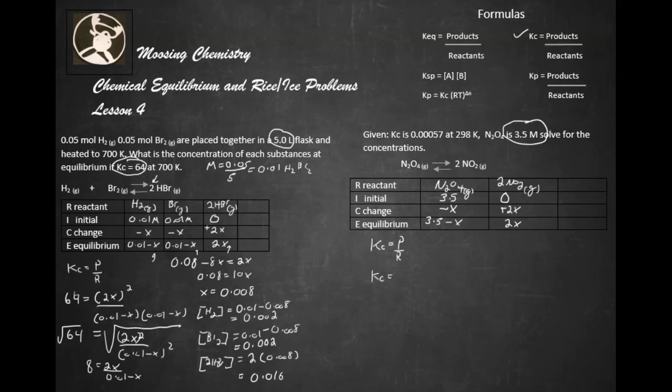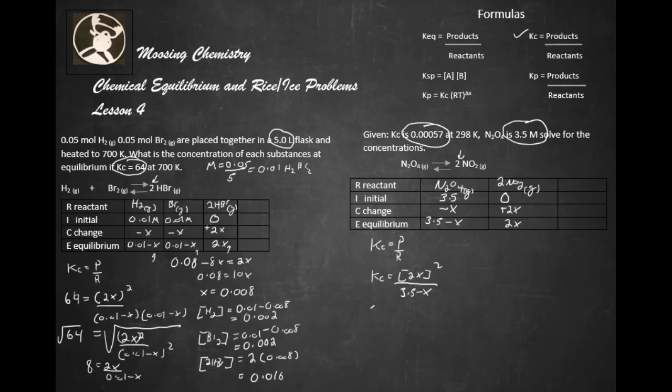So Kc equals 2x squared, because of this 2, we have to square it, right? And we put that over our reactant, which is going to be 3.5 minus x. And our Kc value, we were given that, so that's this number right here.